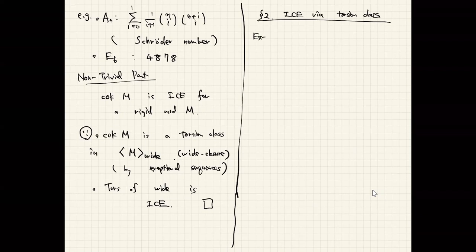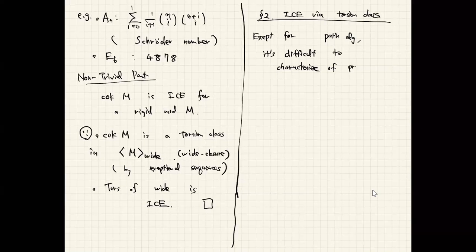Unfortunately, except for the path algebra case, it seems to be difficult to give an intrinsic homological characterization, like being rigid, of progenerators of ICE closed subcategories.